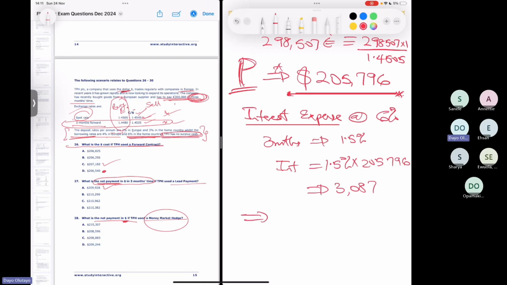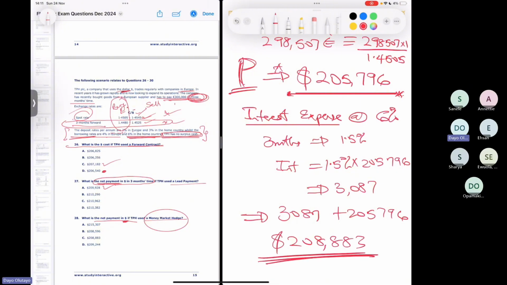So the total payment is that 3087 plus 205,796, and that gives us a total of 208,883 dollars. So that is the total net dollar figure, and that is this guy. And that is it for money market hedge.